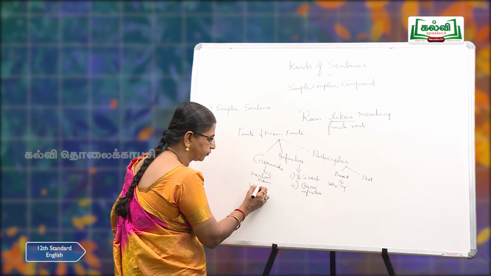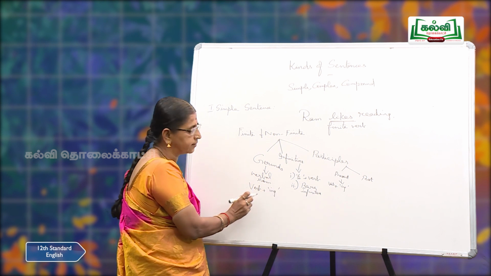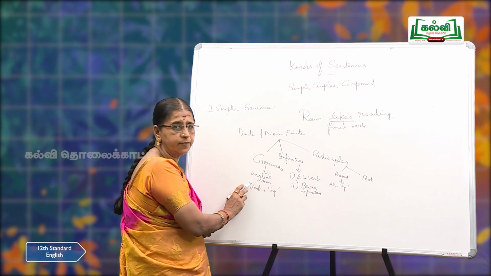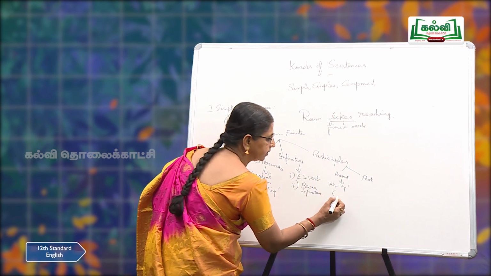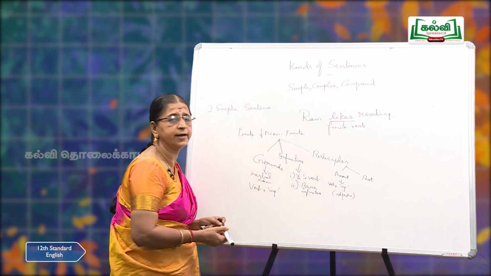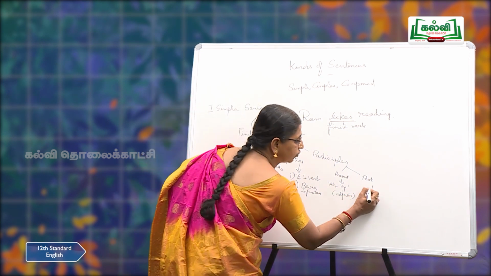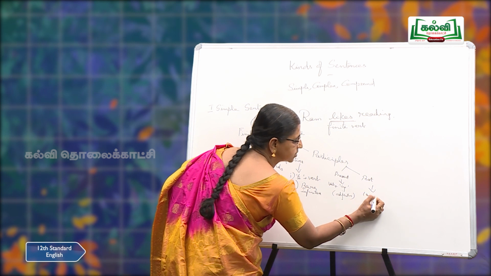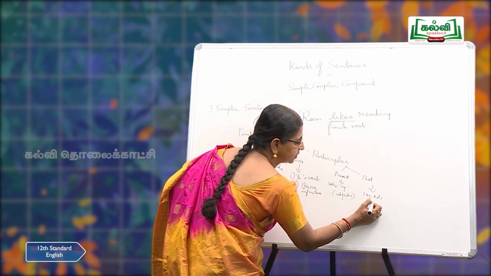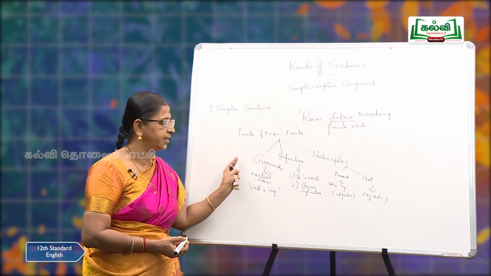Gerund also is of the form verb plus ing. The only difference is that in a gerund the verb functions as a noun. Here this is an adjective. So here again verb plus ing functions as an adjective, and of course past participle, it ends with en, ed, t, etc. So now we shall analyze this in detail.